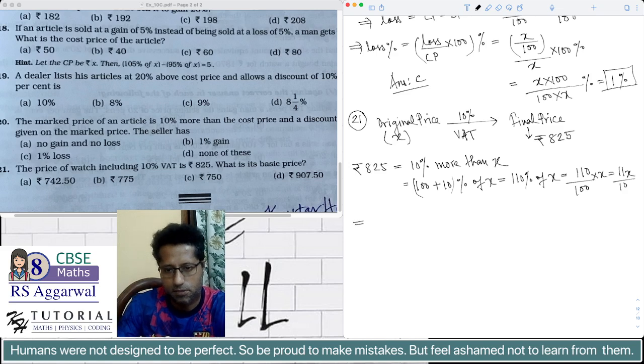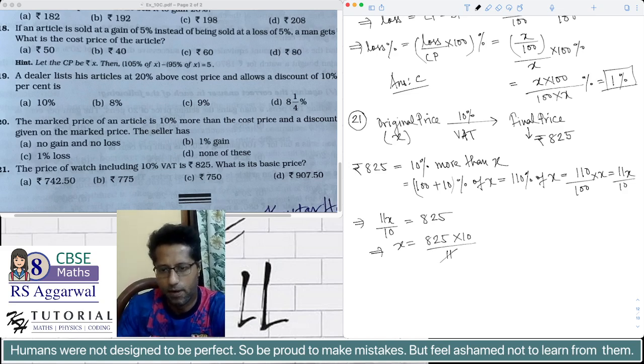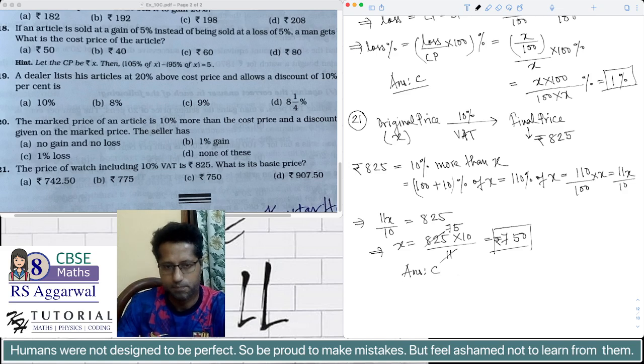So 11X by 10 is equal to 825. This implies X is equal to 825 multiplied by 10 divided by 11. I hope 11 will divide 825. Let's see. It is 75, I guess. 77, 5. Okay. So this is 750. So the basic price is rupees 750, and hence the correct choice is C.